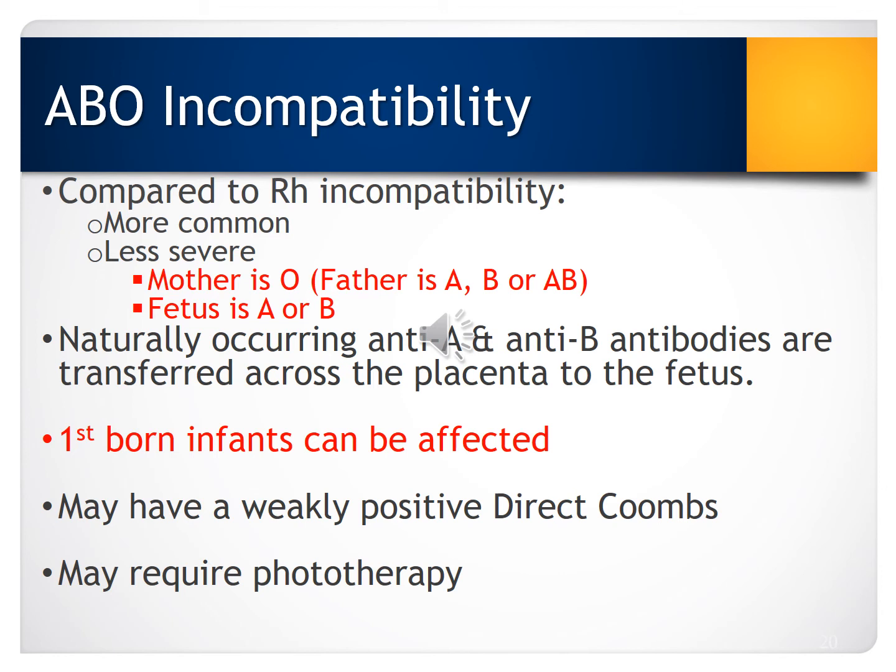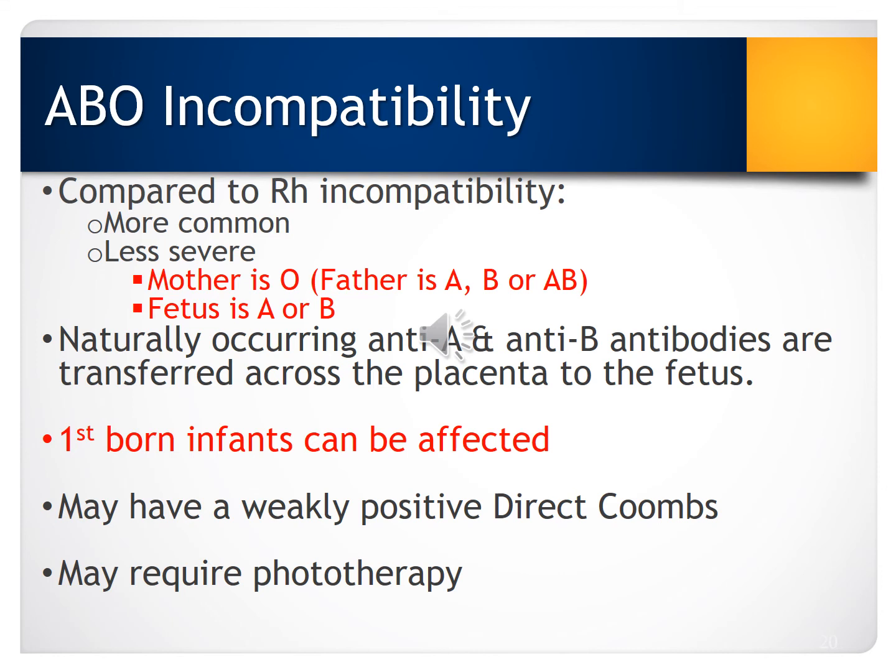Individuals who are AB blood type have antigens of both A and B, therefore they have no antibodies. That's why they are considered the universal receivers, meaning they can receive blood from anybody because they have both antigens and therefore have no antibodies that would attack the donor blood.